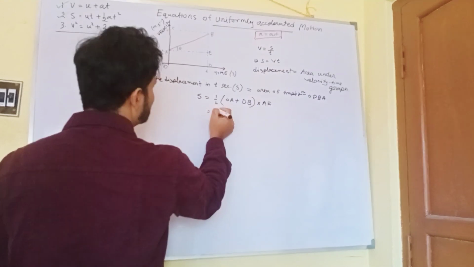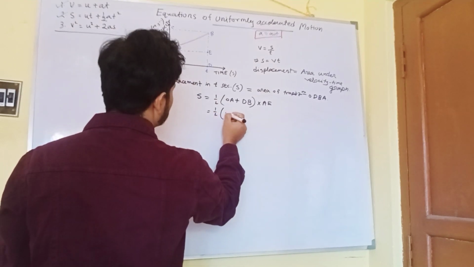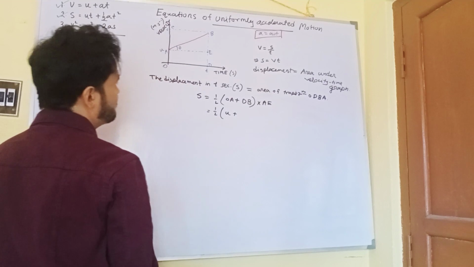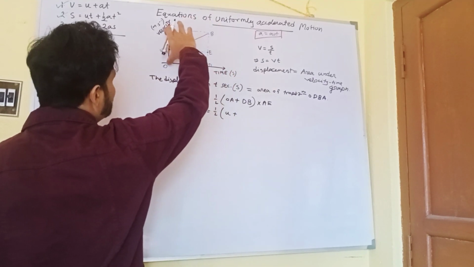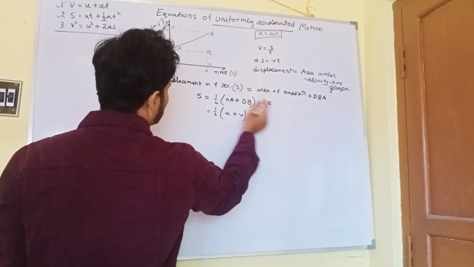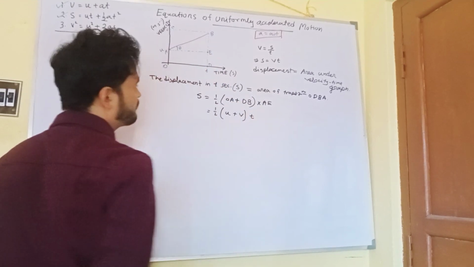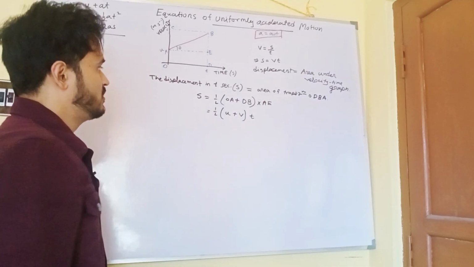Now if we put in the values, what is the value of OA? That is U. What is the value of DB? DB is equal to OC. What is the value of OC? It is V. What is the value of AE? AE is equal to OD, that is T. Got it?